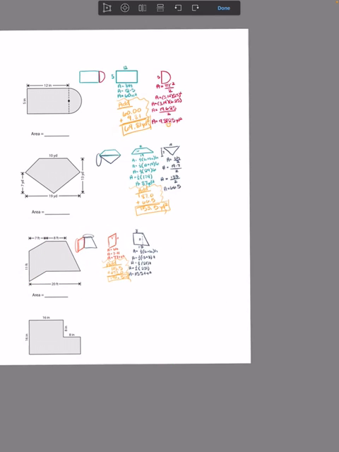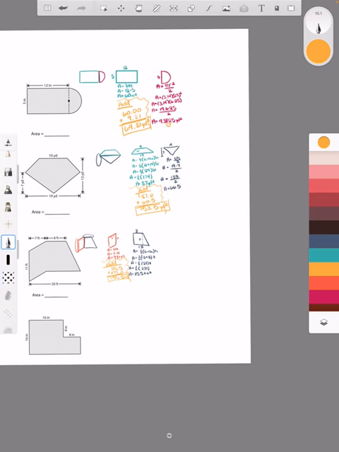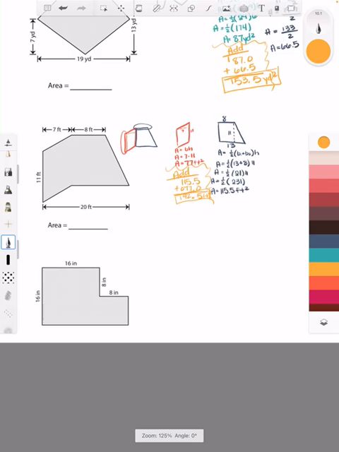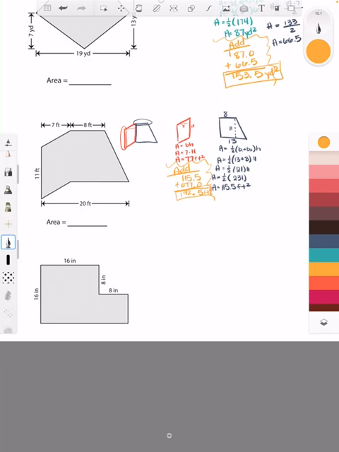All right, for all of these so far, we went ahead and we added. For this last one, let's go ahead and try subtracting. This is the way subtracting would work. I'm going to pretend this is one whole figure. There's no missing sides.